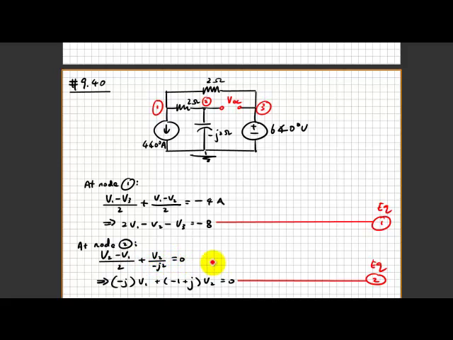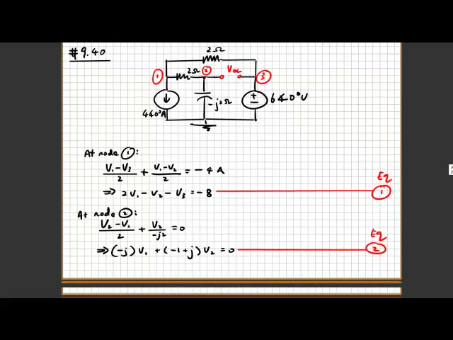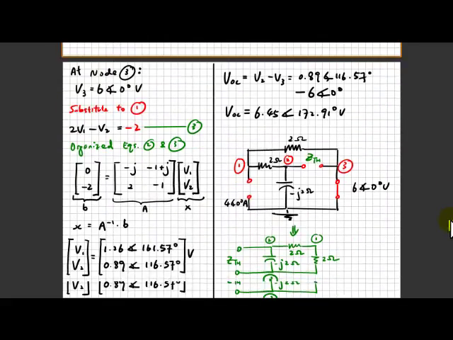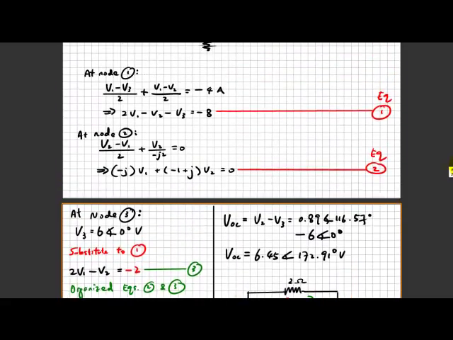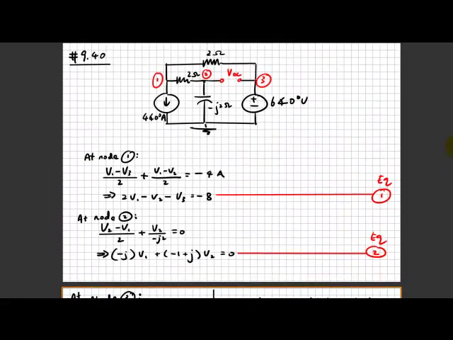One thing I didn't mention is that when you look at V3 at this node, you will realize that V3 is 6 volts. So instead of having 3 equations and 3 unknowns, we can reduce it to 2 equations.